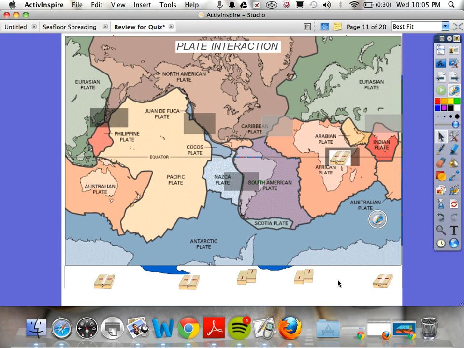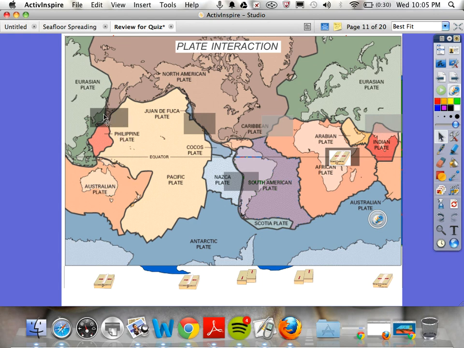What I'd like to do right now is I'm going to point somewhere and you're going to tell me what it is and what type of boundary is there, the name, the type of boundary, and the geologic feature that is formed.